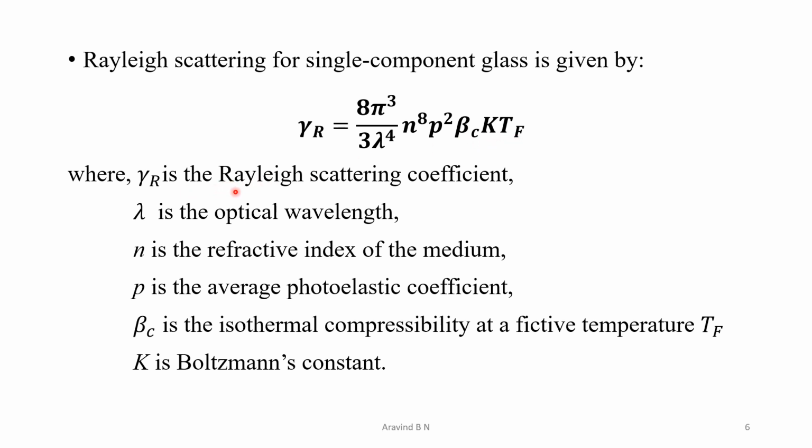gamma r is the Rayleigh scattering coefficient, lambda is the optical wavelength, n is the refractive index of the medium, p is the average photoelastic coefficient, beta c is the isothermal compressibility at a fictive temperature of Tf, and K is the Boltzmann constant.